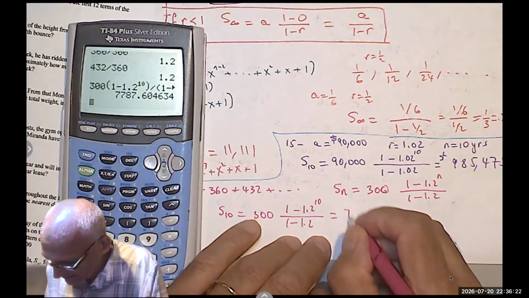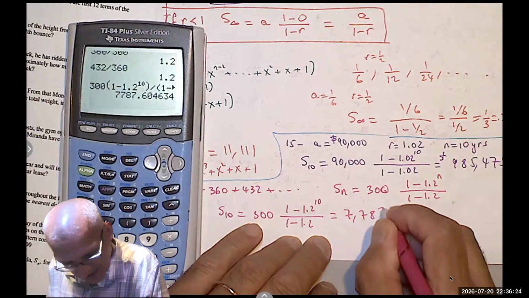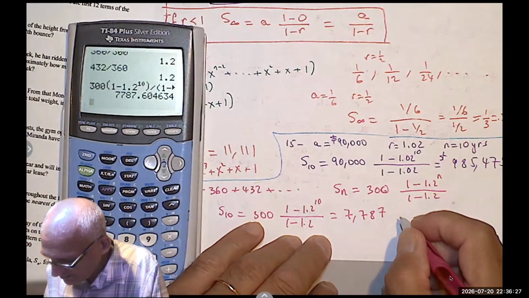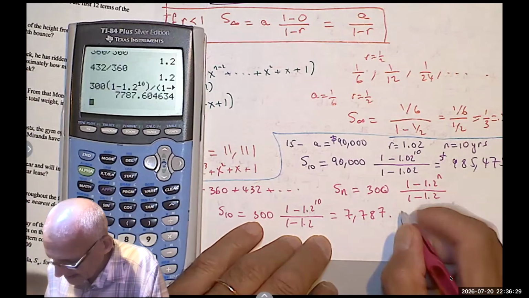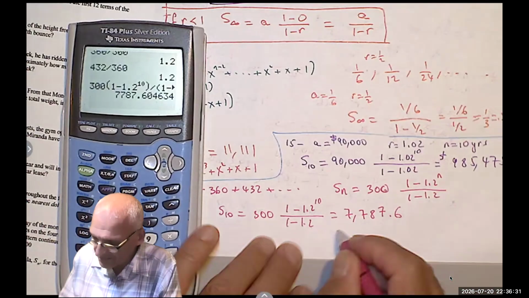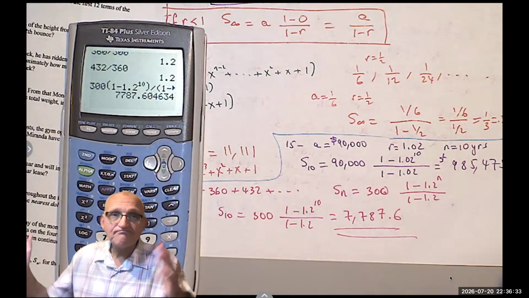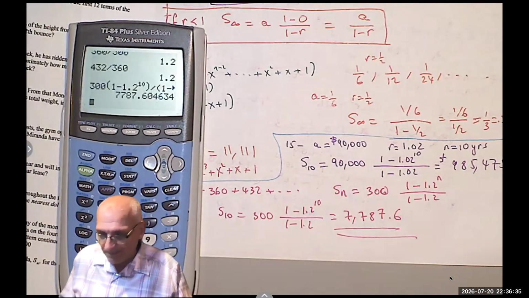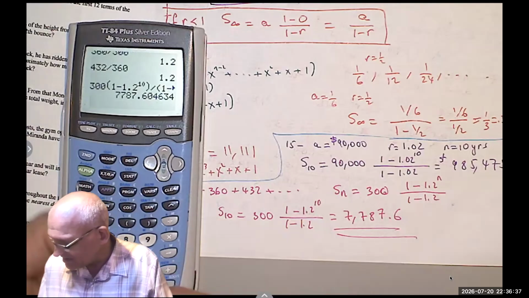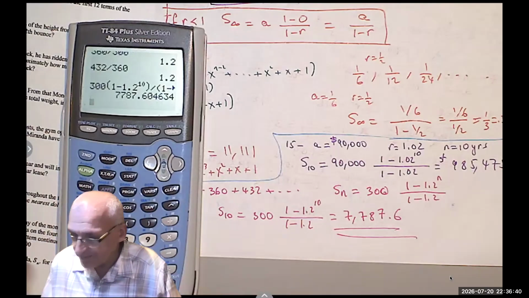And that is 7,787, to the nearest tenth, so 0.6. And that concludes the topic of sequences and series, arithmetic and geometric.